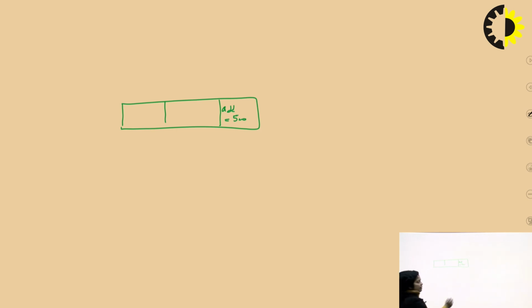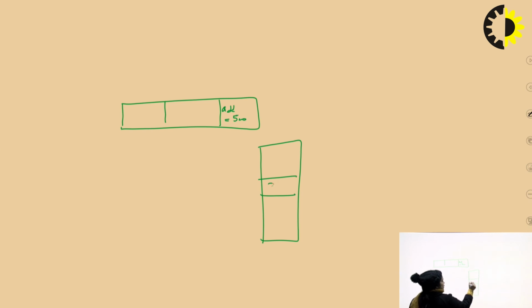In the direct addressing mode, you get the operand here, and the operand is 314. This is the memory location 500, which you can call the physical address.